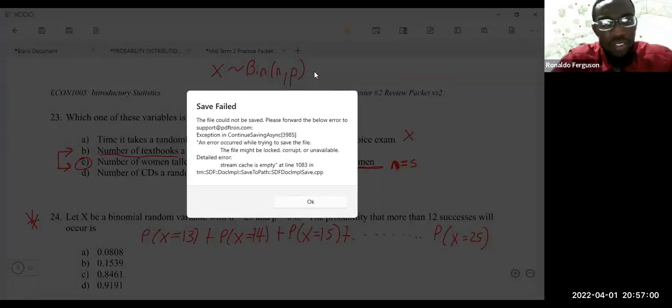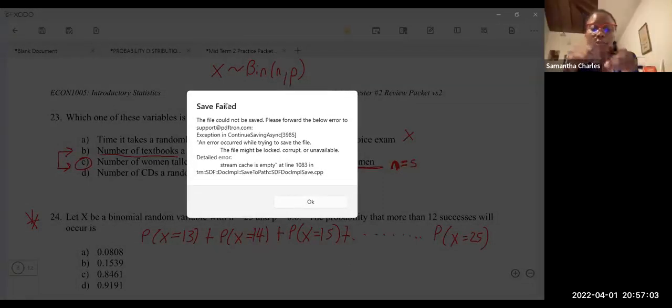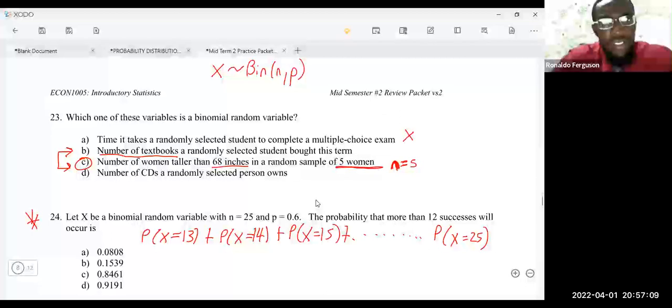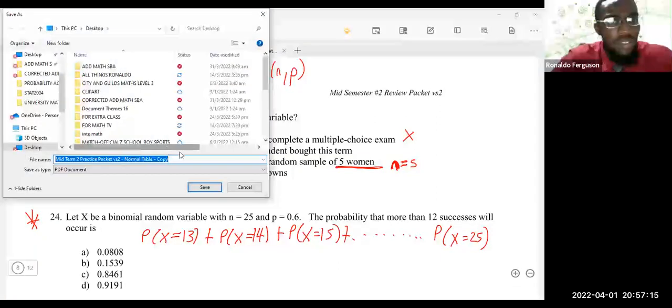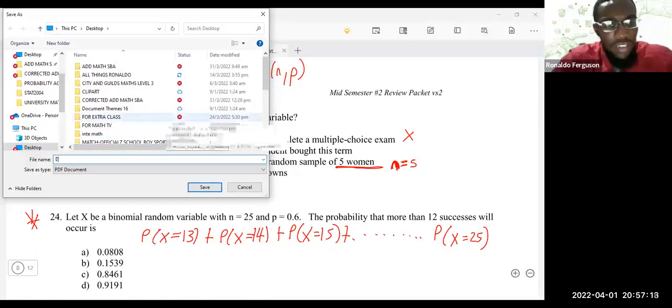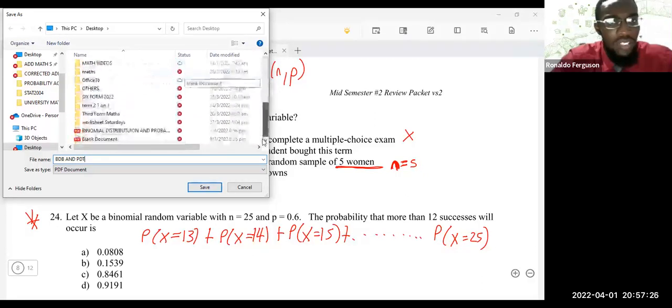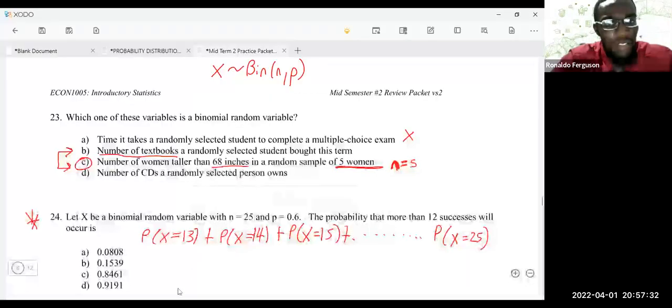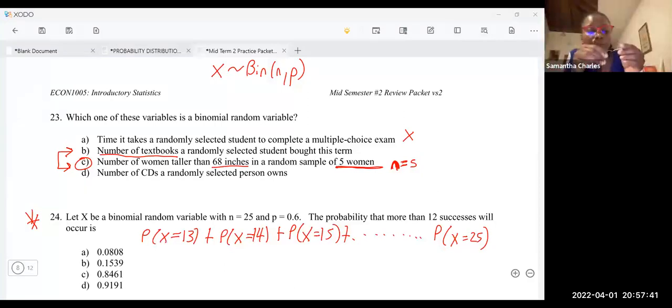Is it locked? No, it's not locked. Let me see. Don't worry, it's going to be fine. Binomial distribution and probability distribution table. I'll see if another letter works. Don't worry, I'm checking something. Even though it says error, it might still come up. No, it's still an error.